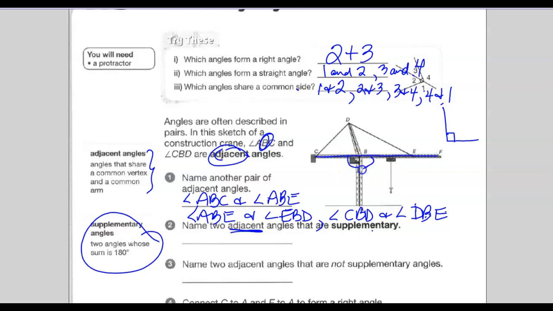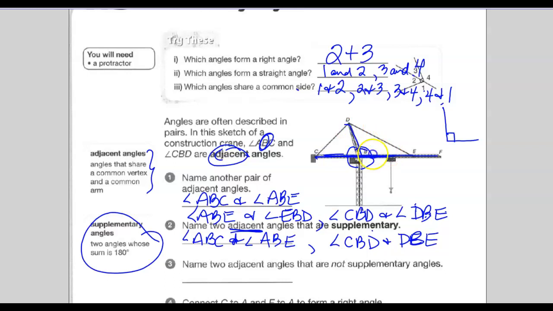So this angle and this angle are supplementary. So that was angle ABC and angle ABE. And then from there, we could do these two angles. So angle CBD and angle DBE. Those happen to be supplementary.